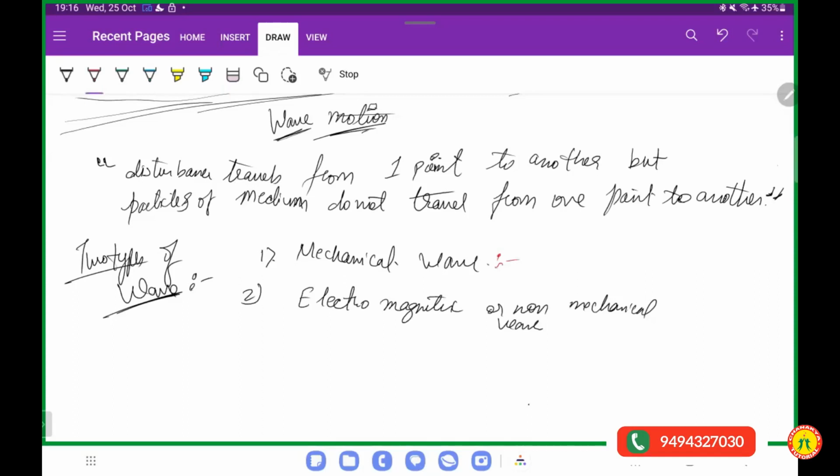Mechanical waves require a medium to propagate. Here, it does not require a medium.